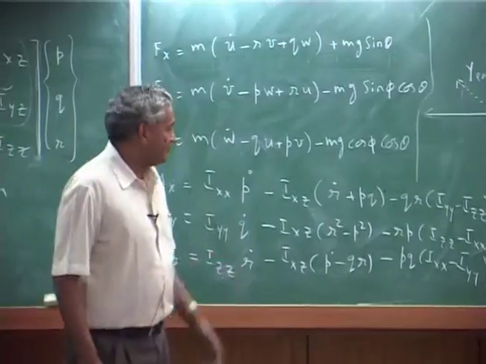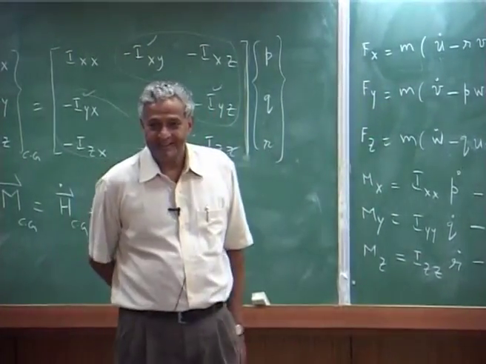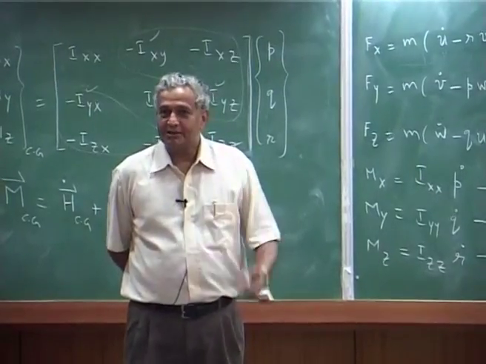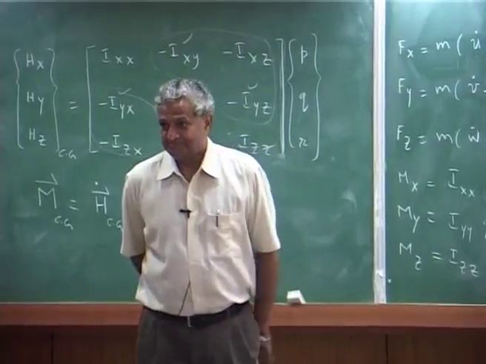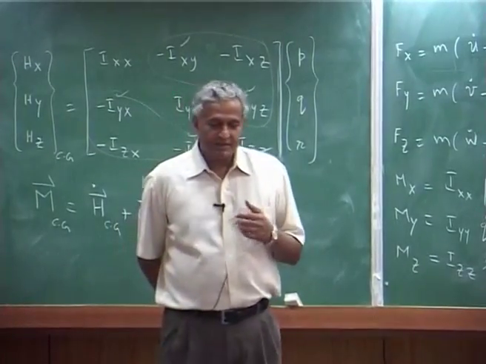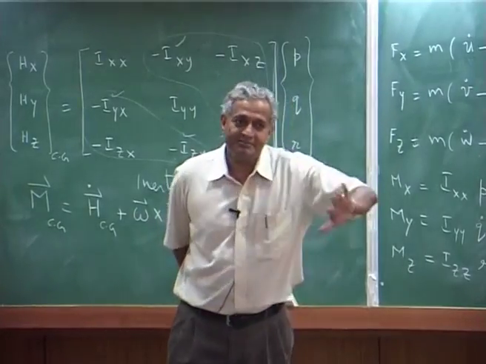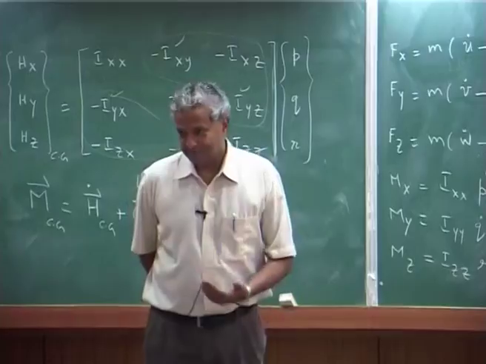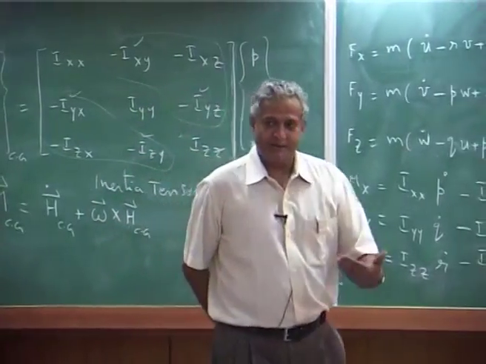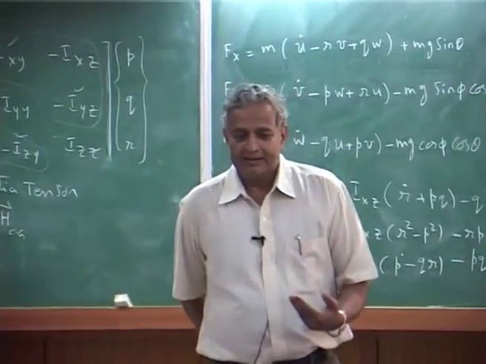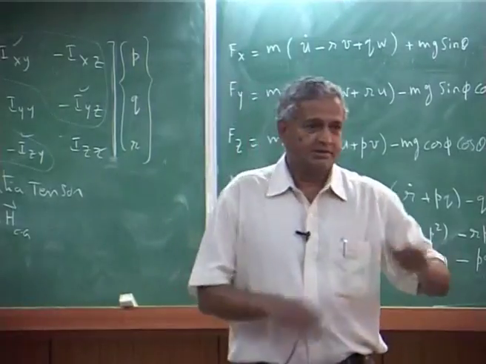Okay. Now, how do I solve? I have 9 equations. How do I solve for my problem? What are my unknowns? First you say, I am going to fly a steady maneuver, and subsequently I will say, if there is a perturbation about the steady state, what is the stability?